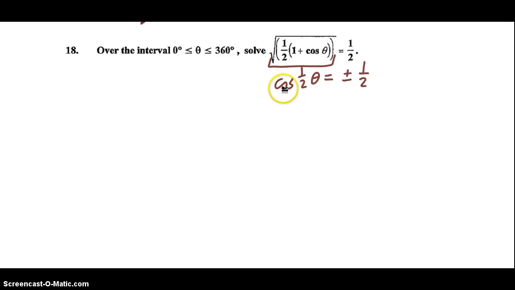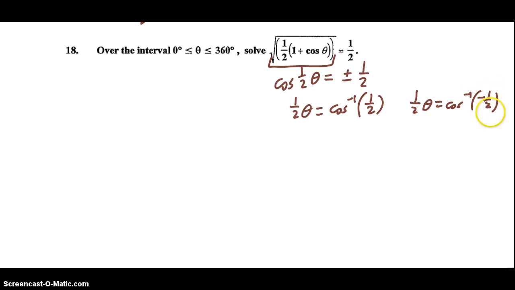Now, I'm in terms of single cosine, so I'm going to take the inverse cosine of both a positive 1/2 and of a negative 1/2. Alright? Well, where is cosine positive 1/2? It's positive 1/2 at plus or minus 60 degrees plus 360 n.